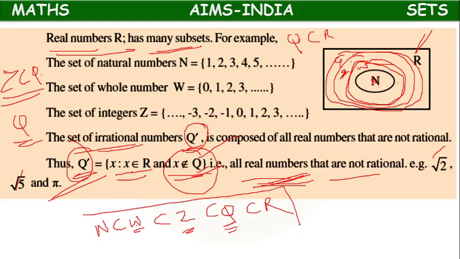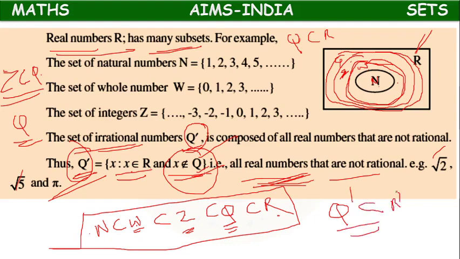Up to this one part. Separately we can write irrational numbers subset of real numbers. Like this, we can define universal sets and subsets. So for all these numbers, R, the real numbers, is the universal set.